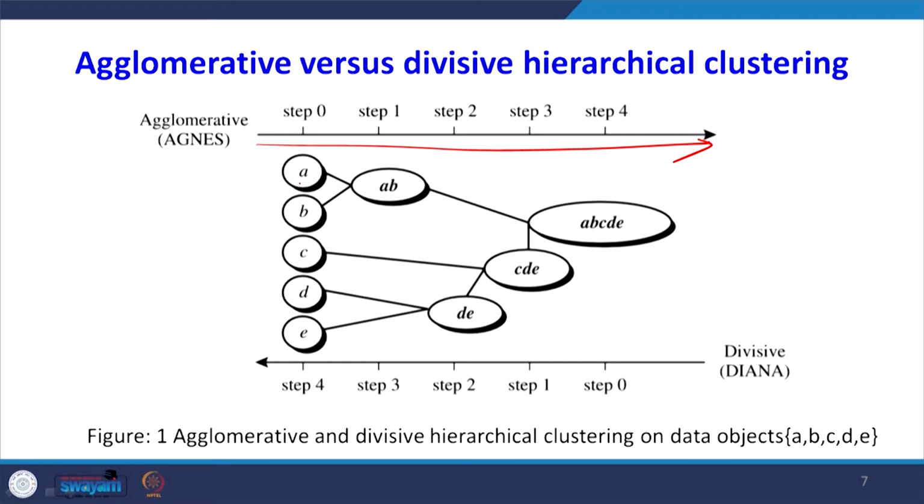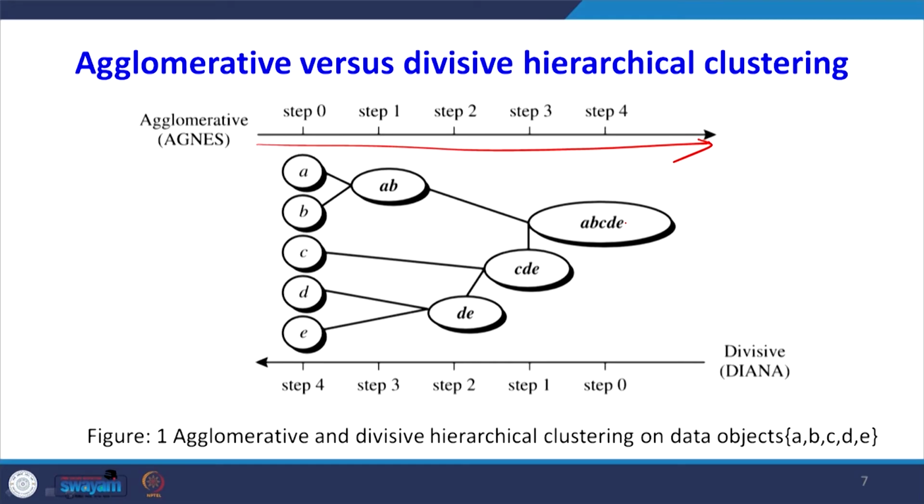In step 1, A and B are clubbed, that is AB. In step 2, D and E are clubbed. In step 3, C, D, E are clubbed. In step 4, all of A, B, C, D, E are clubbed. So, this is going from left to right, that is the agglomerative method.